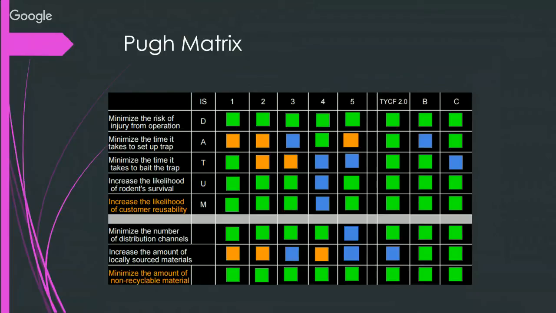Well, they're for a measurement system of how well the product compares to the industry standard. Orange is worse than, blue is same as, and green is better than the industry standard. As you can see, there are quite a few orange, green, and blue on this screen. That's because no product is perfect, and that's why we go through this innovation process.